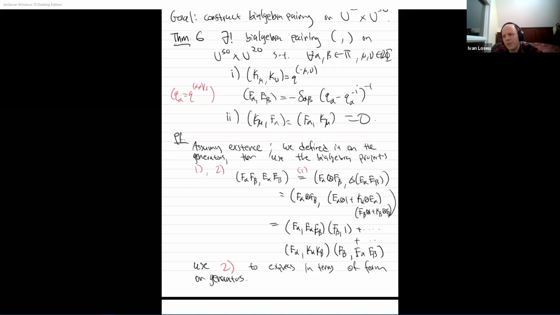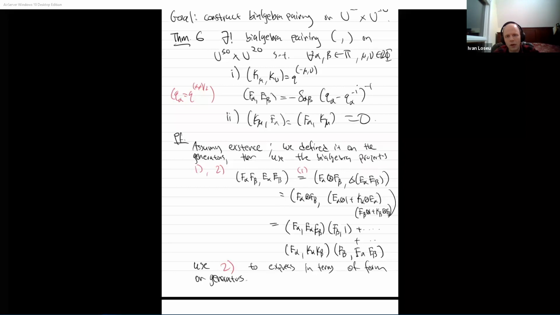And if you want to think about it this way, then yes, you will get something like the restriction of the invariant form to B minus and B plus. However, the point is that somehow this never extends to the pairing between the universal enveloping algebras.